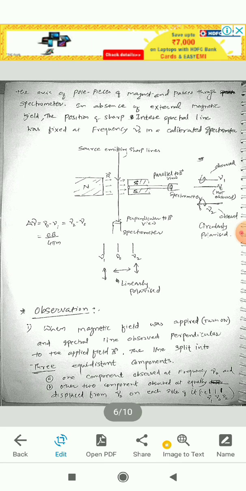There are two spectrometer positions: one at the downward side, perpendicular to the magnetic field, and another in the direction parallel to the magnetic field.